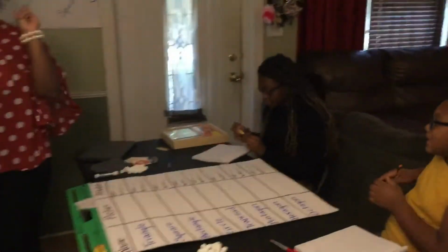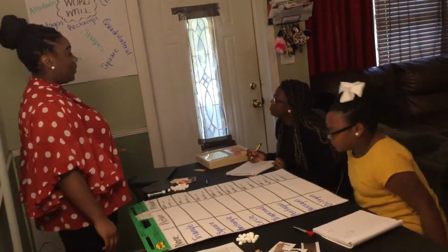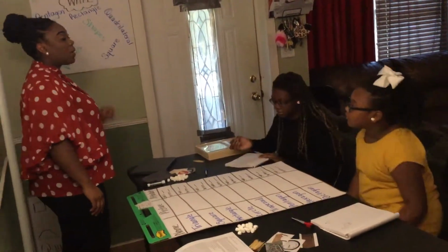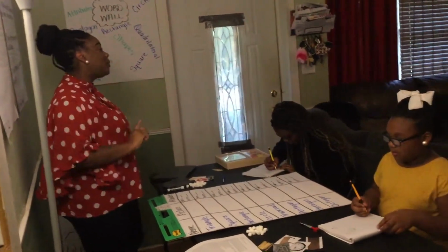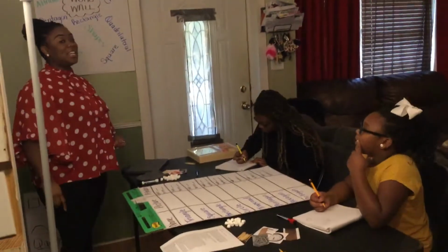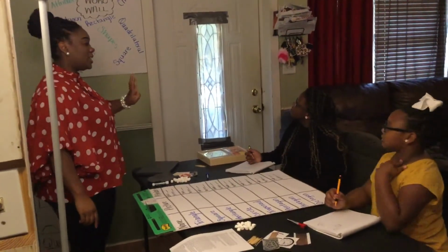All right, this next one, this time you're going to draw 3 shapes. All 3 of these shapes are in the category quadrilateral. The attributes of these shapes is that these shapes have 4 sides and 4 vertices.